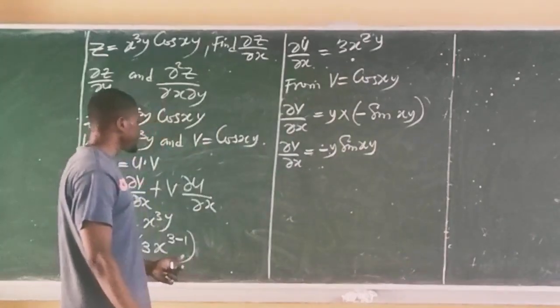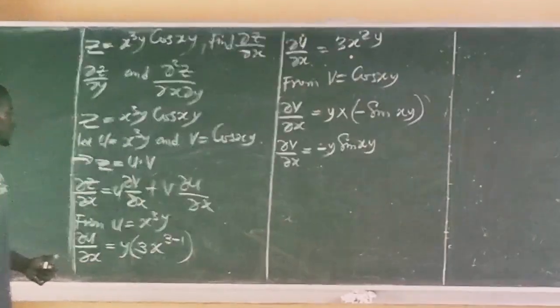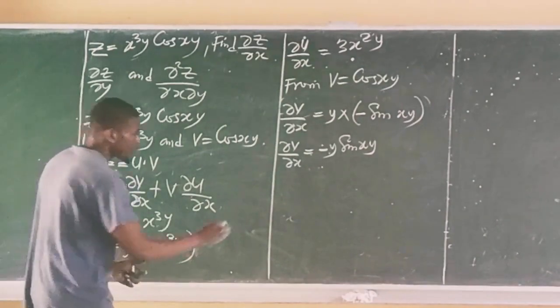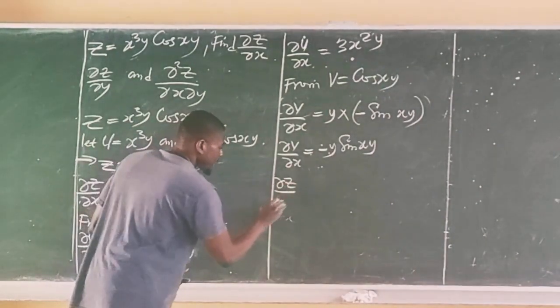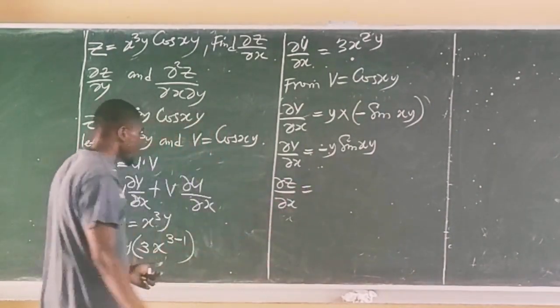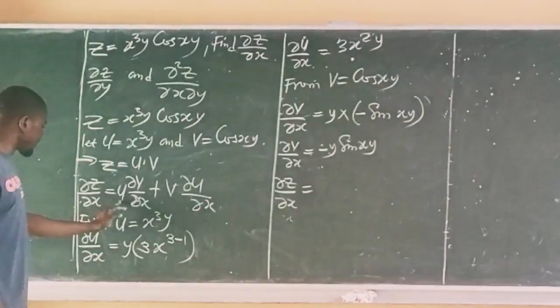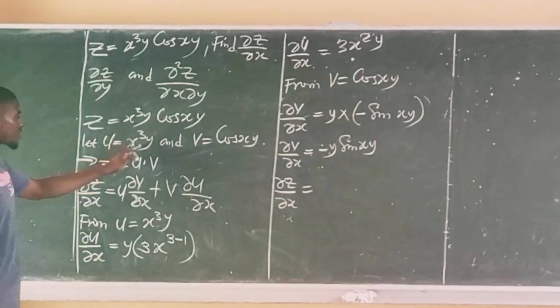Having this, I now include it into the formula for product rule. Therefore, partial z, partial x is now equal to, first keep u constant, and u is given as x cubed y.